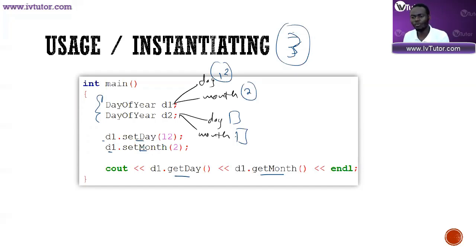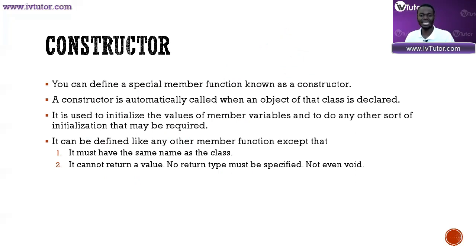Because we are saying, what if I want to always default the day to 1 and the month to 1 every time you make a variable of type D1? Where do you do that? So a constructor is a special function that is invoked by your compiler whenever it makes a new instance of your object, and a constructor is defined using the same name as your class.